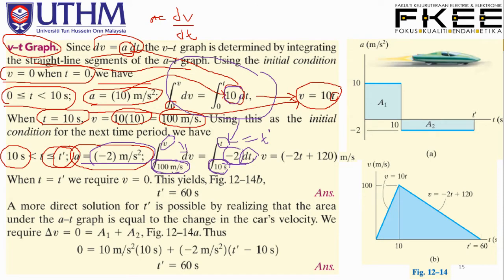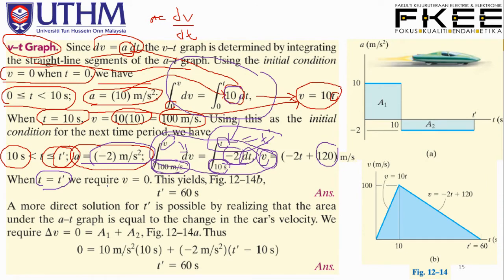You will get something like 120 when you add up. So try to integrate this equation and solve in terms of v. You will get the final equation, which is minus 2t plus 120 meters per second.